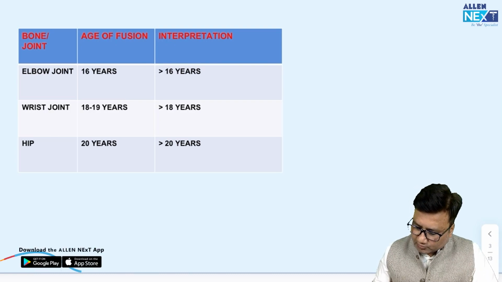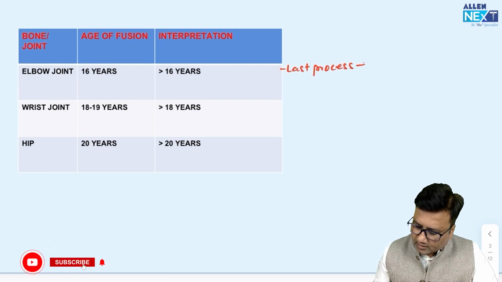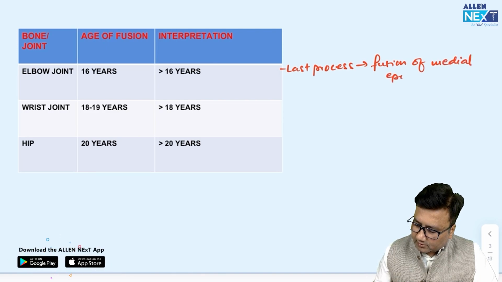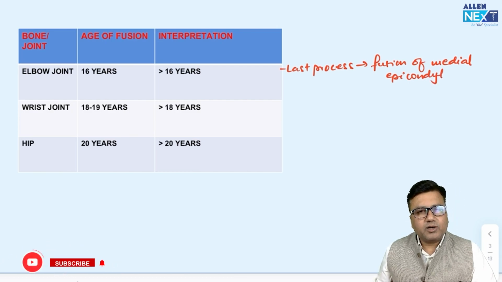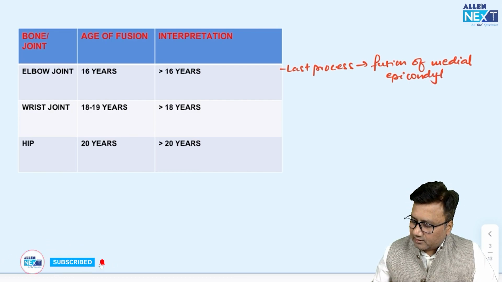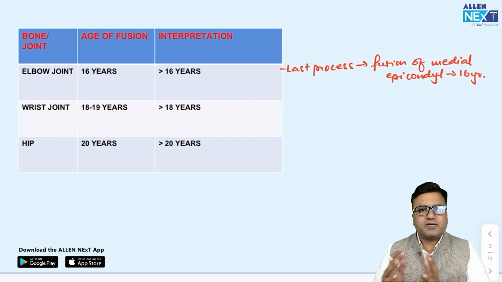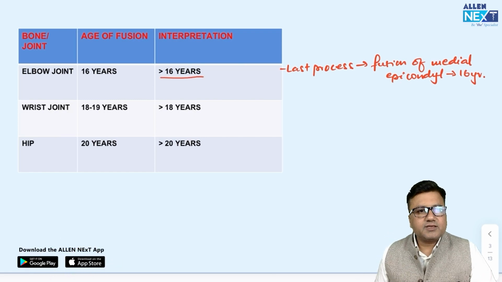The last process to happen here is fusion of medial epicondyle of the lower end of humerus, and this happens close to 16 years, right? So if everything is fused, the person is more than 16 years.